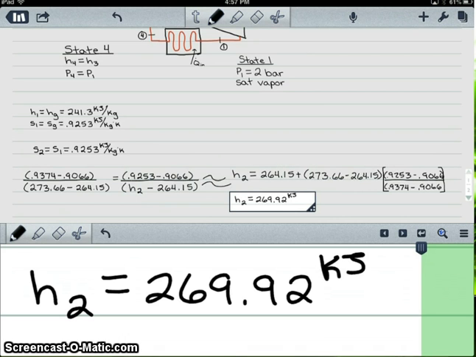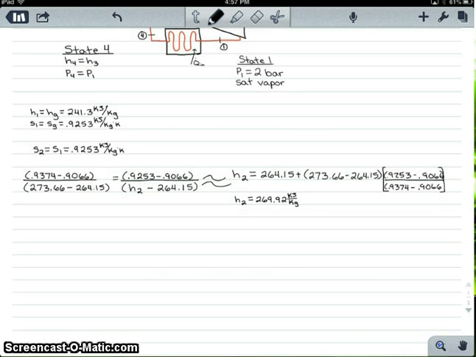Now, at state 3, pressure is equal to 8 bar, saturated liquid. So from table A-11, h3 equals hf. I'll show you what I'm talking about right here.